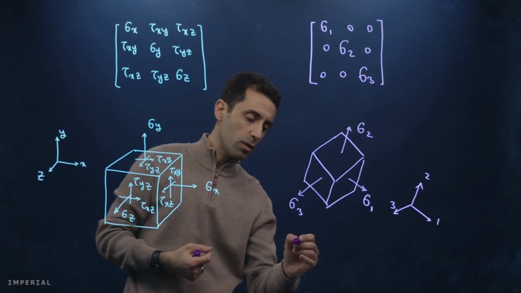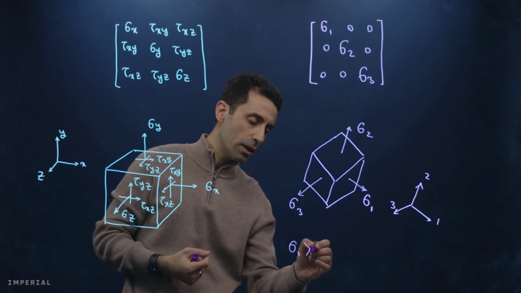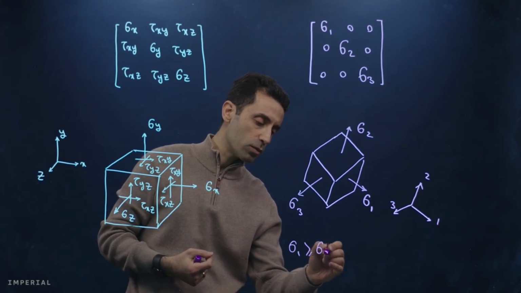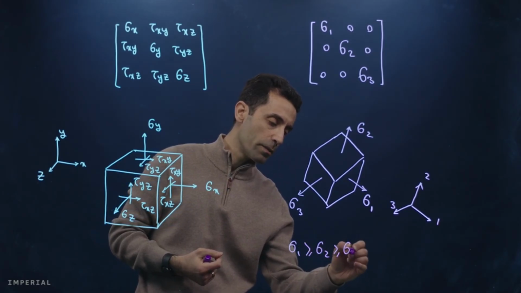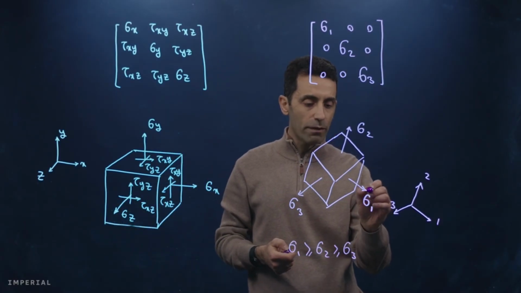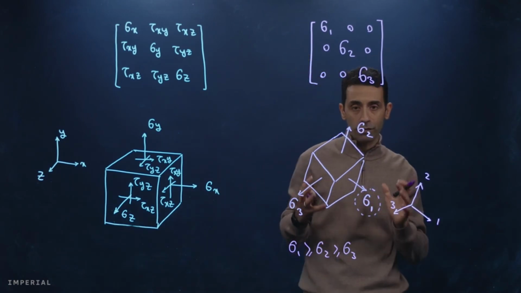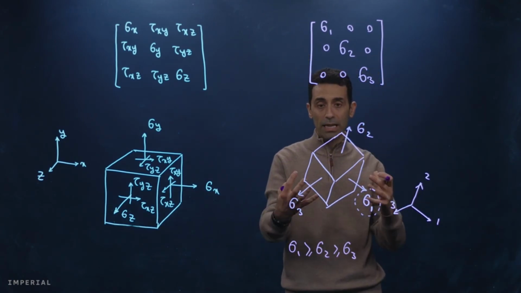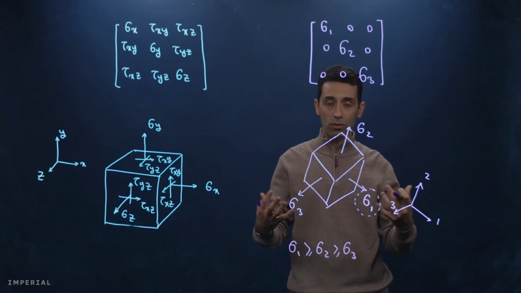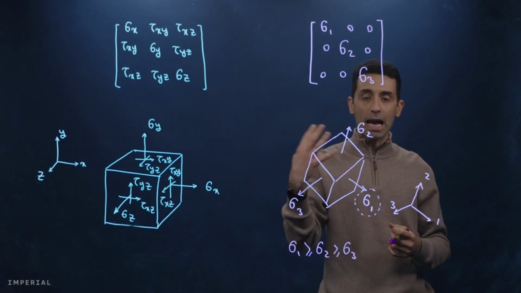Here, the convention is that sigma 1 is always bigger or equal to sigma 2, bigger or equal to sigma 3. So now you can see we have found our maximum principal stress, which physically means it is the maximum value of the normal stress at any given point within our medium.